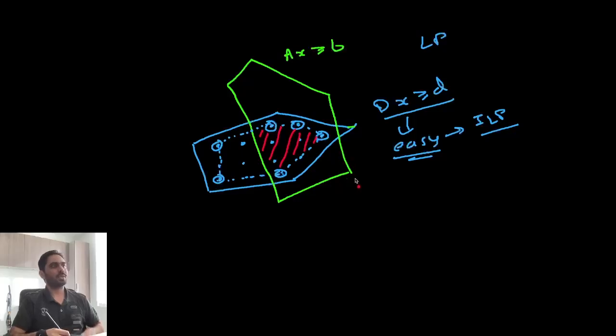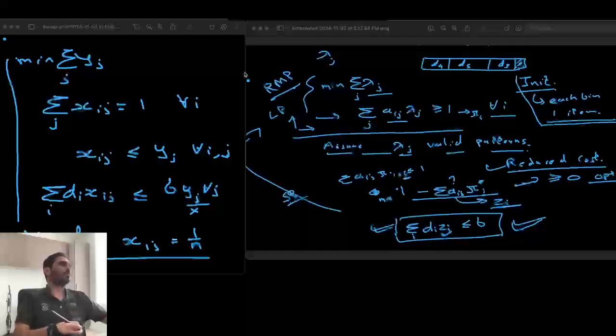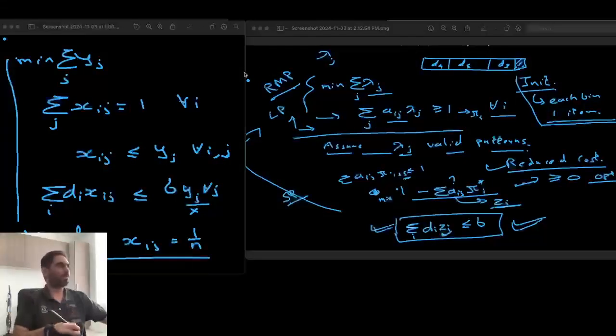Now let's go back and see the same thing that we did with the bin packing problem. So let's go back to our bin packing example. This is our standard model and this is our column generation related model, with the restricted master problem and subproblem and all the stuff. Let's see how we did those things here.